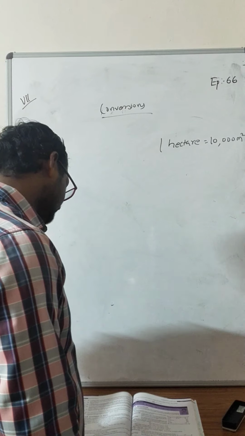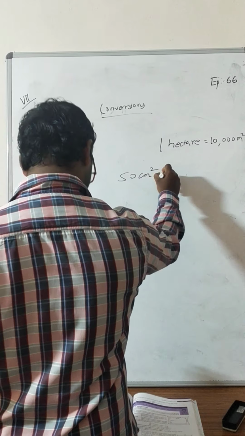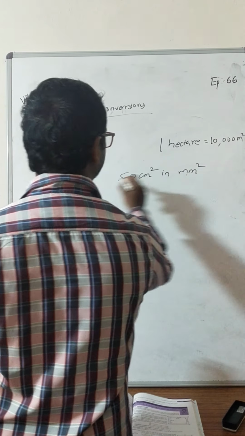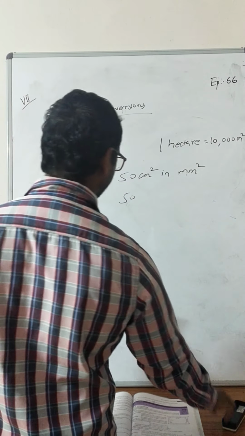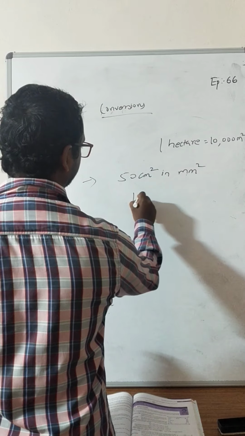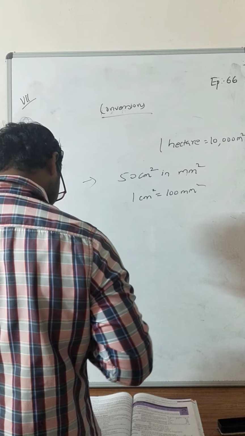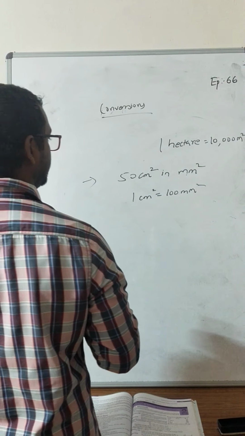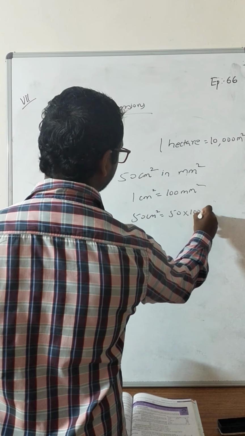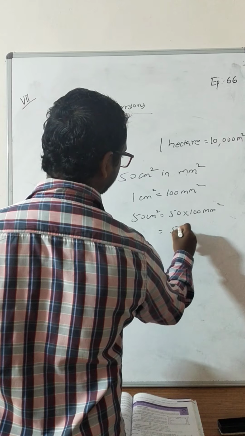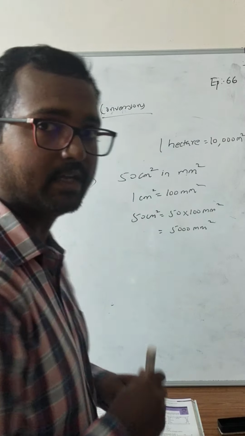See, it's very easy to do. 50 centimeter square has to be converted into millimeter square. This is from the book. We know that 1 centimeter square is equal to 100 millimeter square. So 50 centimeter square is 50 into 100, which is 5,000 millimeter square.